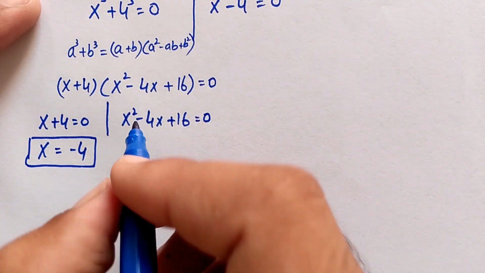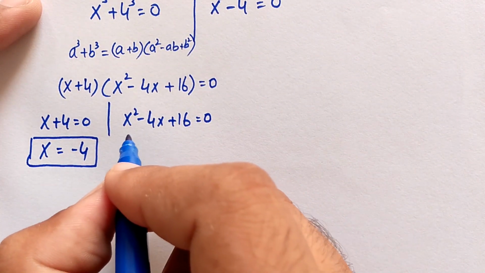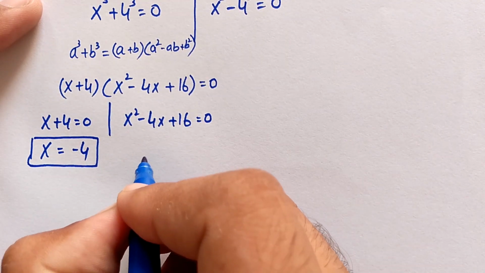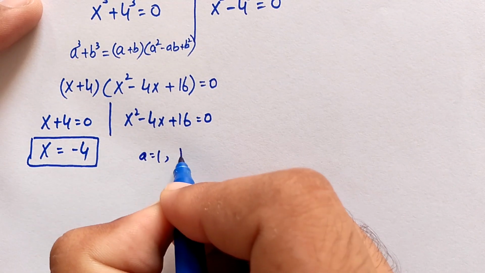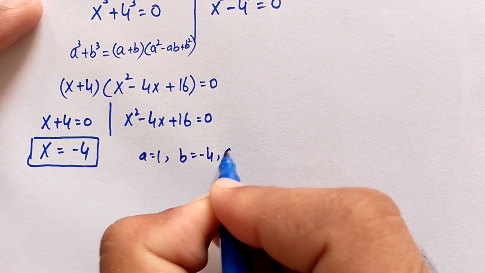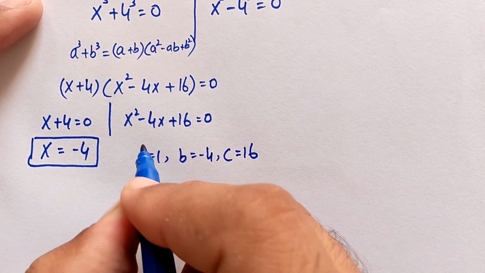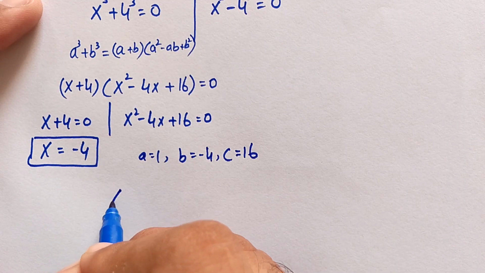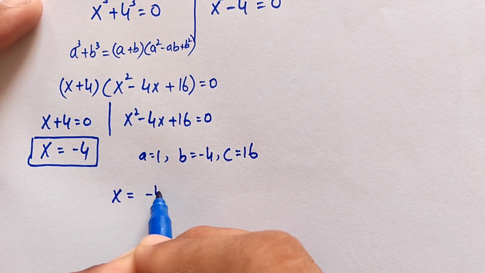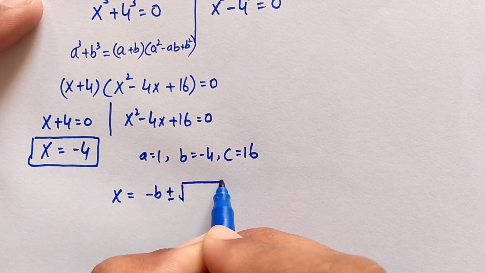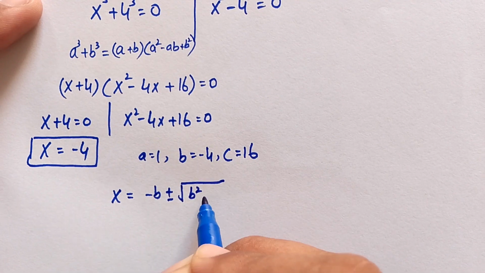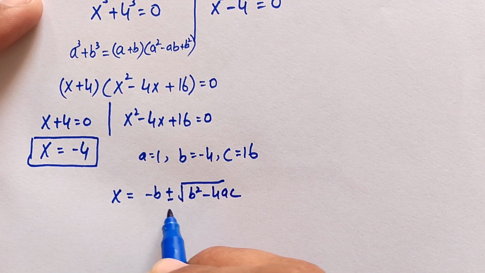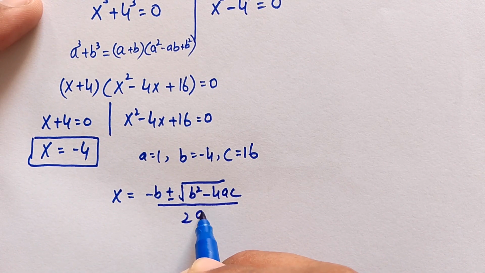So here we use the quadratic formula. We know that a is equal to 1, b is equal to minus 4, and c is equal to 16. Now we write the quadratic formula, which is x is equal to minus b plus minus square root of b square minus 4ac divided by 2a.